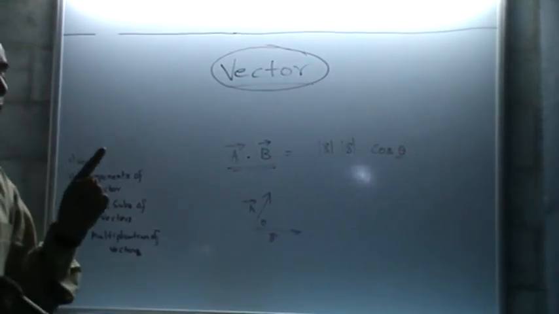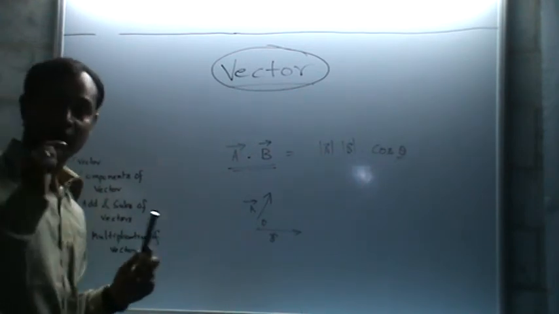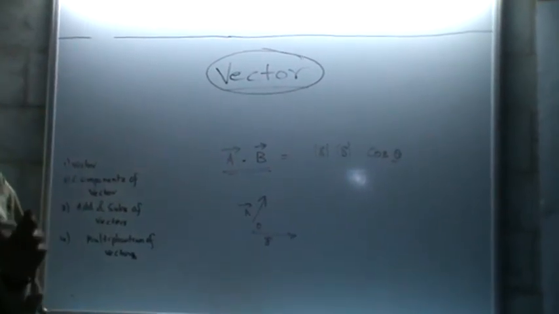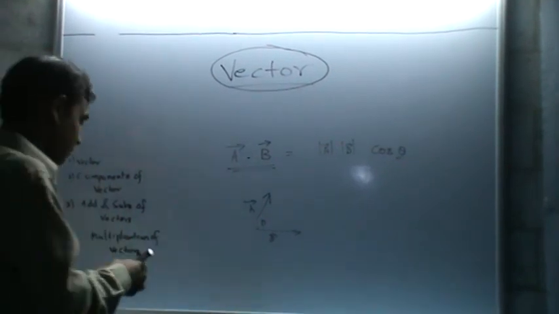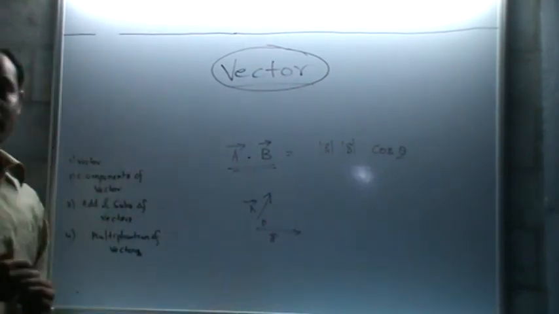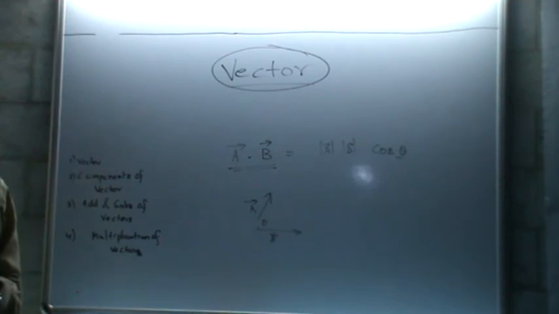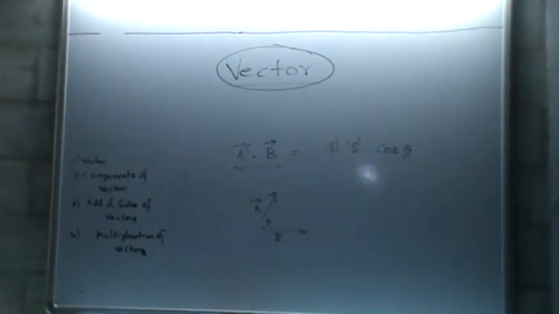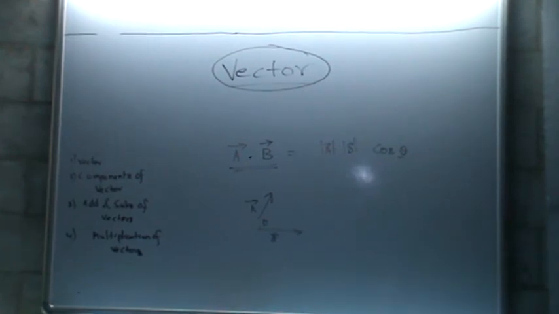So you have to know in which direction the resultant vector is working and what will be the magnitude. That's all. So with this, we will finish this session and we will continue with another session. Thank you.